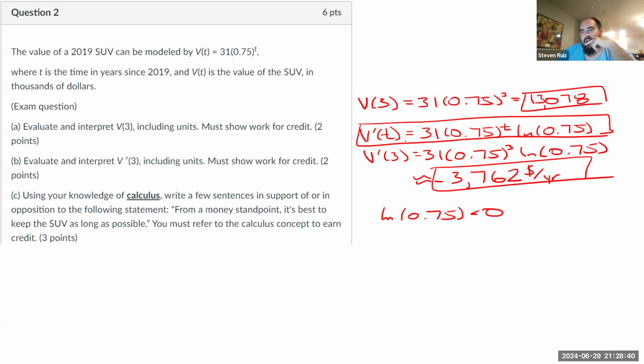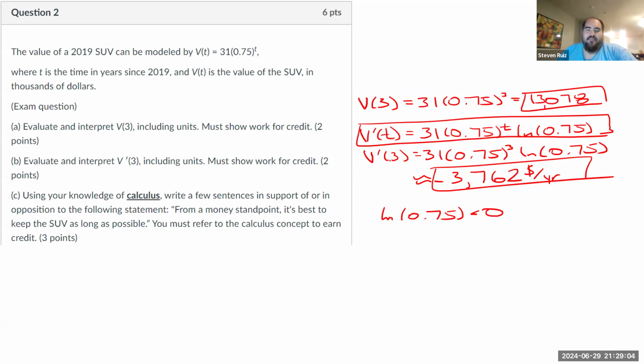If my derivative is always negative, that means that as soon as I buy this car, it is always going down in value, which is true for the vast majority of cars you'll ever own.